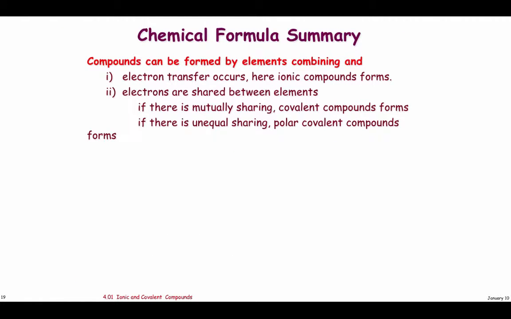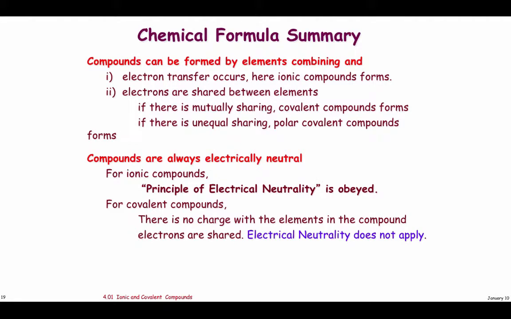So let's summarize chemical formulas. Compounds can be formed by elements combining, and electron transfer occurs. When electron transfer occurs, then we have ionic compounds. When electrons are shared between 2 elements, they could be mutually shared, in which case it's called covalent compounds, or they can be unequally shared, in which case it's called polar covalent compounds.